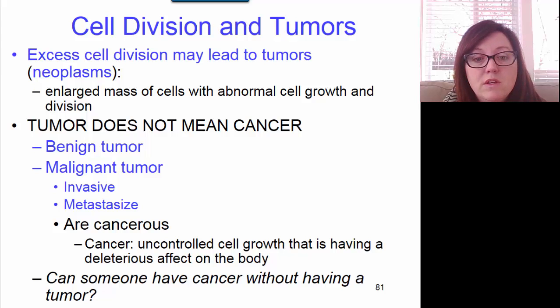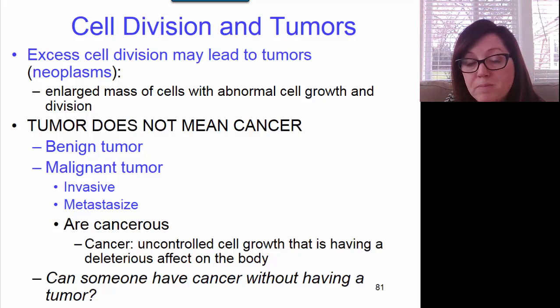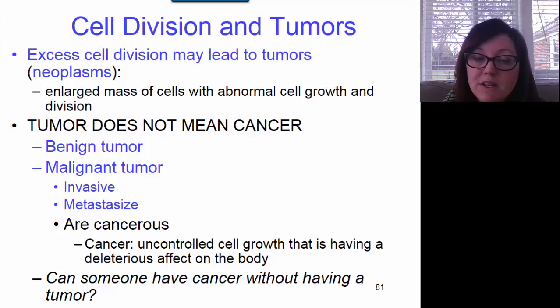So the lung cancer begins in the lung tissue, but the cells are shed and they travel through the bloodstream and the lymphatic vessels, and they can start growing new tumors really anywhere in the body. So malignant tumors are cancerous. What makes cancer cancer is to have uncontrolled cell growth that's having a deleterious or bad effect on the body.